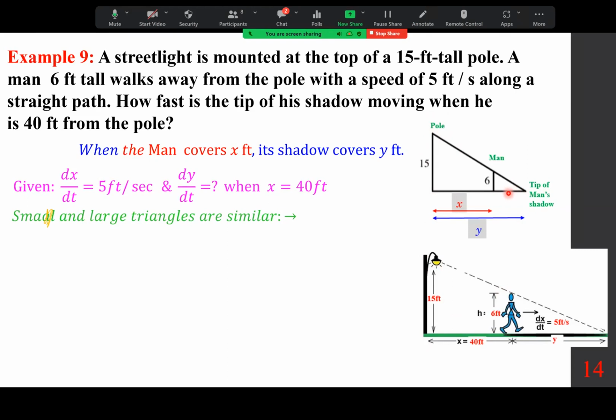This one, I hope you see that this distance is y minus x. And that's a key, understanding similar figures, how they work. And so all we have to do is cross multiply.